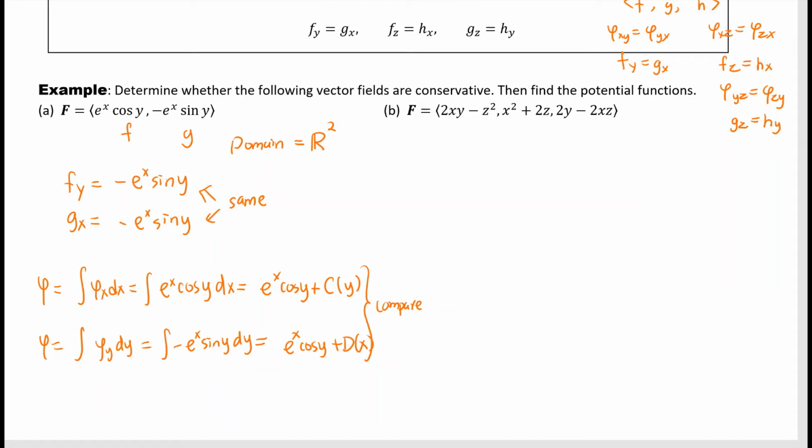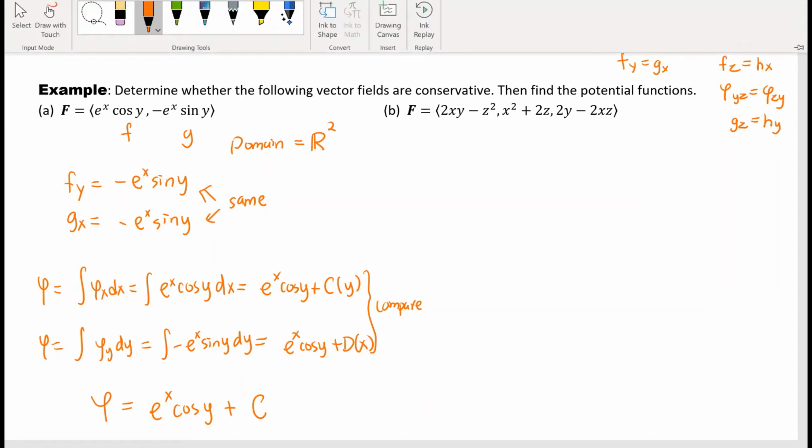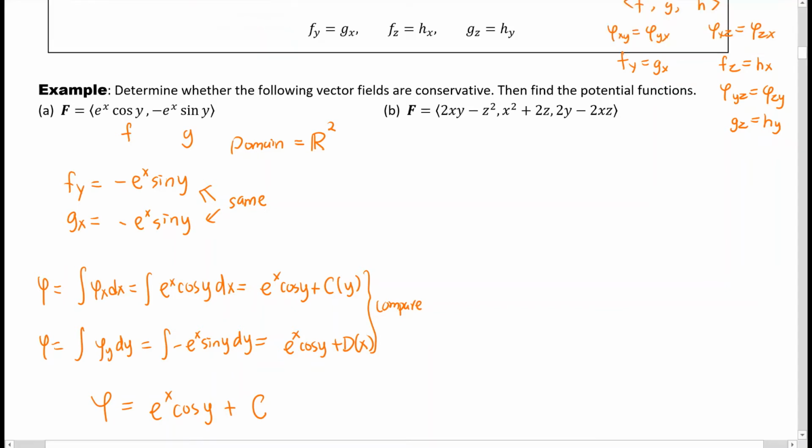If you had a function of x, let's say x, then look at this: it should be a constant or function of y, so we shouldn't have another x there. So when we compare, we get phi equals e to the x cosine y plus a constant c. So far, so good, everybody? Don't worry, we'll do more examples, and then you'll understand what I mean by compare.